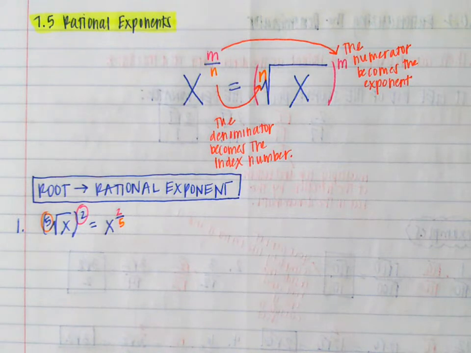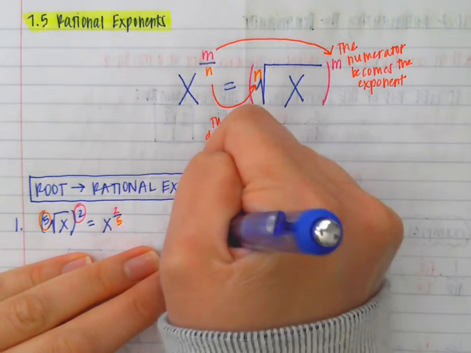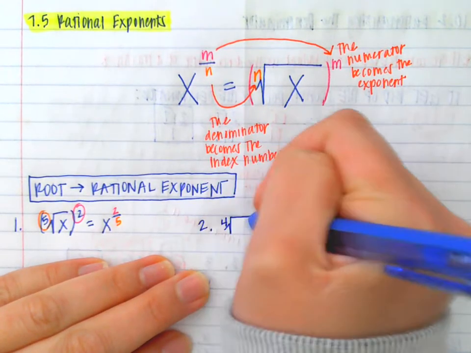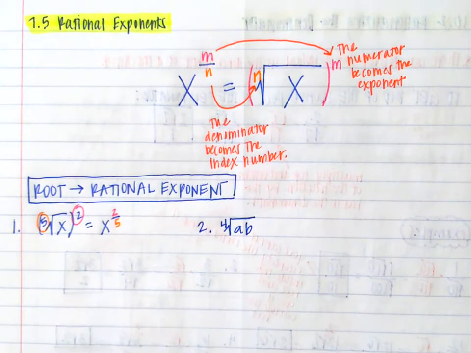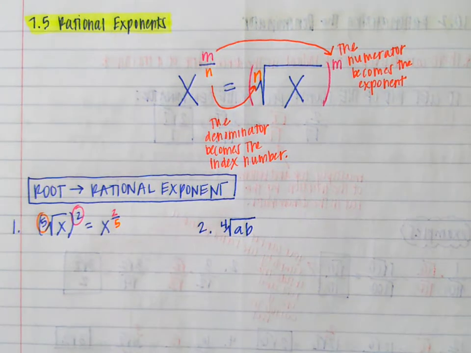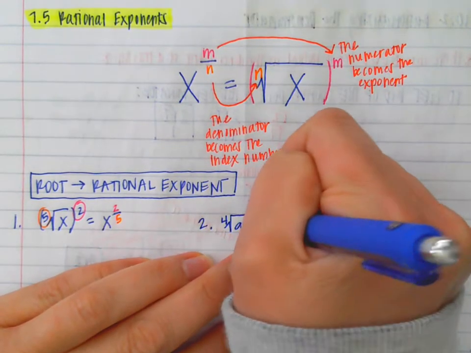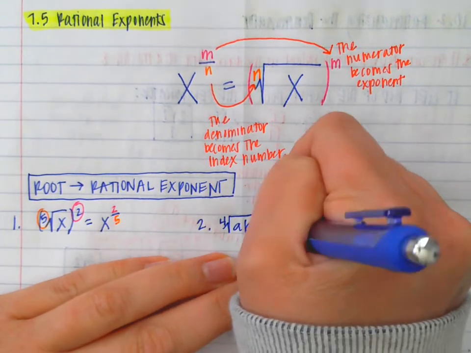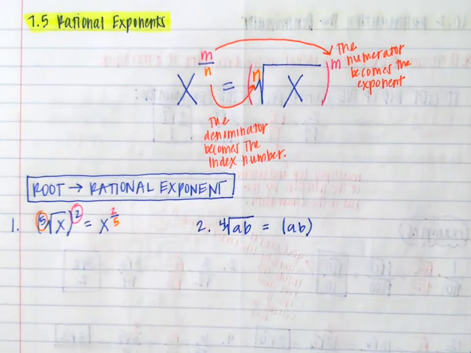So what I want you guys to do is look at this next one. If I gave you the fourth root of AB, how would we write that using a rational exponent? First, what's inside the root? Well, the entire AB, so I'm going to start by putting that in parentheses.